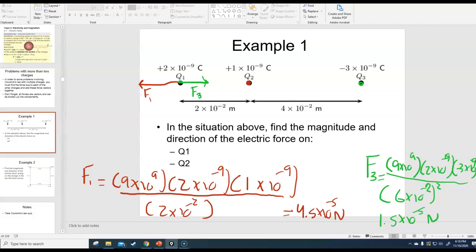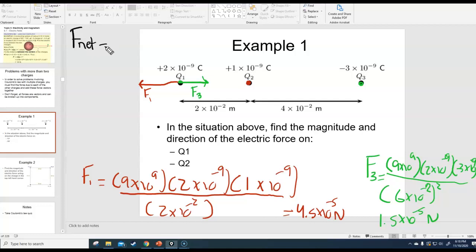Okay, so what have I found out so far? Well, I found out basically that Q2 is pushing Q1 to the left, Q3 is tugging on Q1 to the right, but Q2 is winning, basically. I can see right away 4.5 is bigger than 1.5, even though they're going in opposite directions. So how would I find the net force?